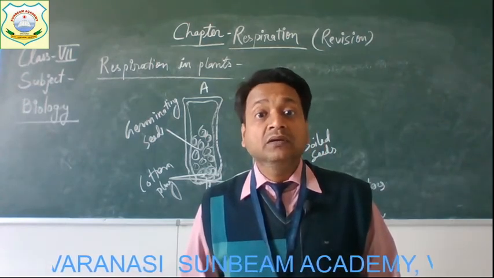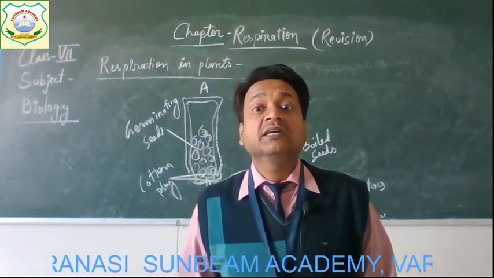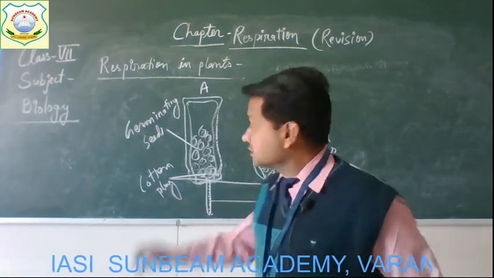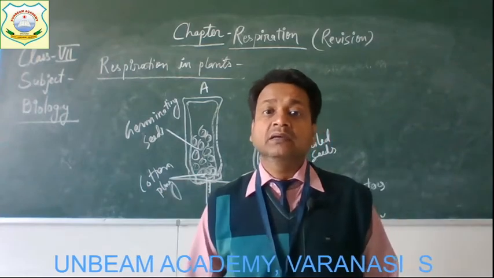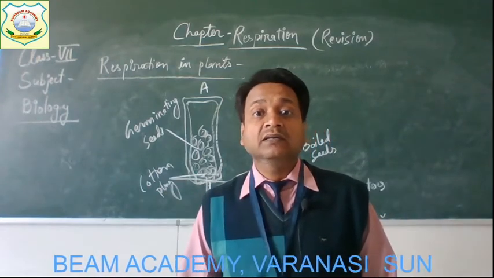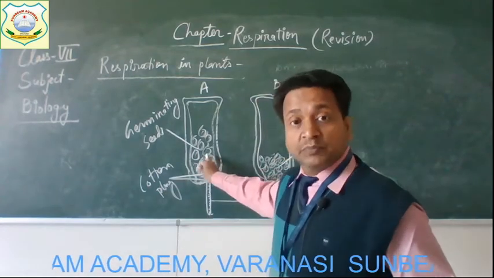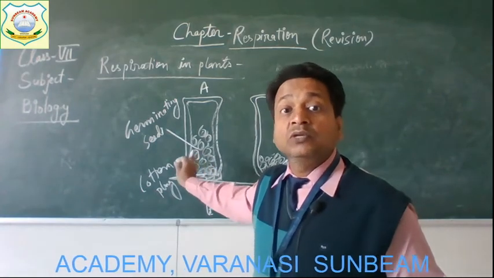So you will observe that there is a rise in temperature in flask A, but not in flask B. So this shows that the germinating seeds respire and they produce heat.